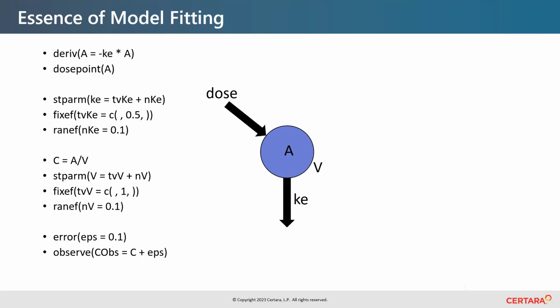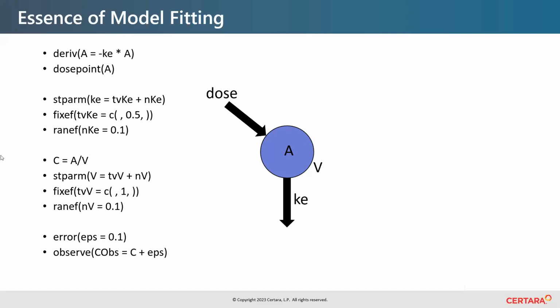Now, you can't observe the amount of drug in the systemic blood, but you can observe the concentration. So in order to see the concentration, we have to divide the amount by the volume of systemic blood, and that becomes another structural parameter, which has a typical value and an eta.